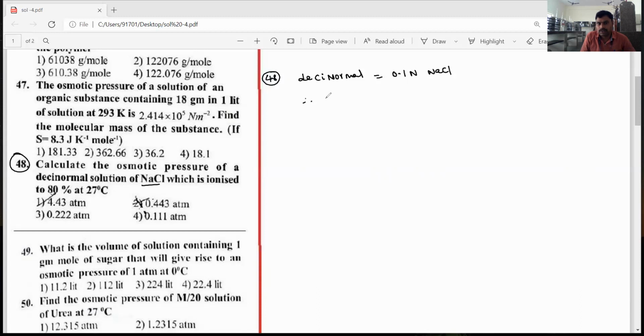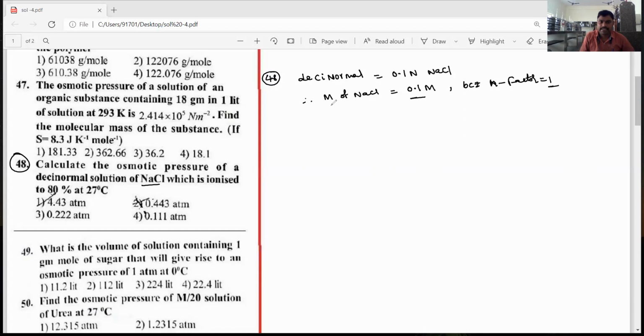Therefore the molarity or concentration of NaCl is 0.1 molar only, because the n factor is 1. Na+ Cl-, for salts the n factor is equal to the magnitude of positive or negative charge. If the n factor is 1, molarity is equal to normality, so we got 0.1.